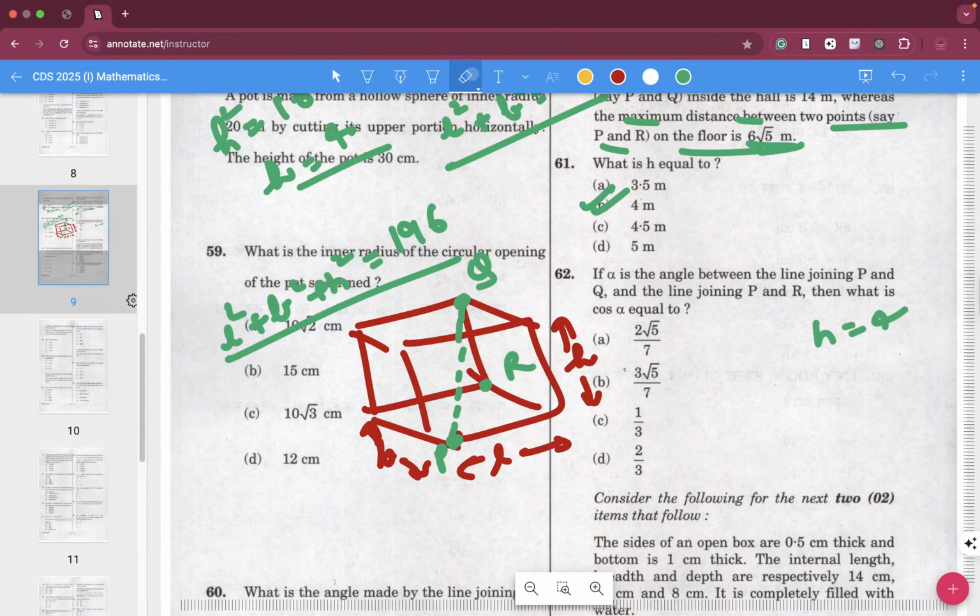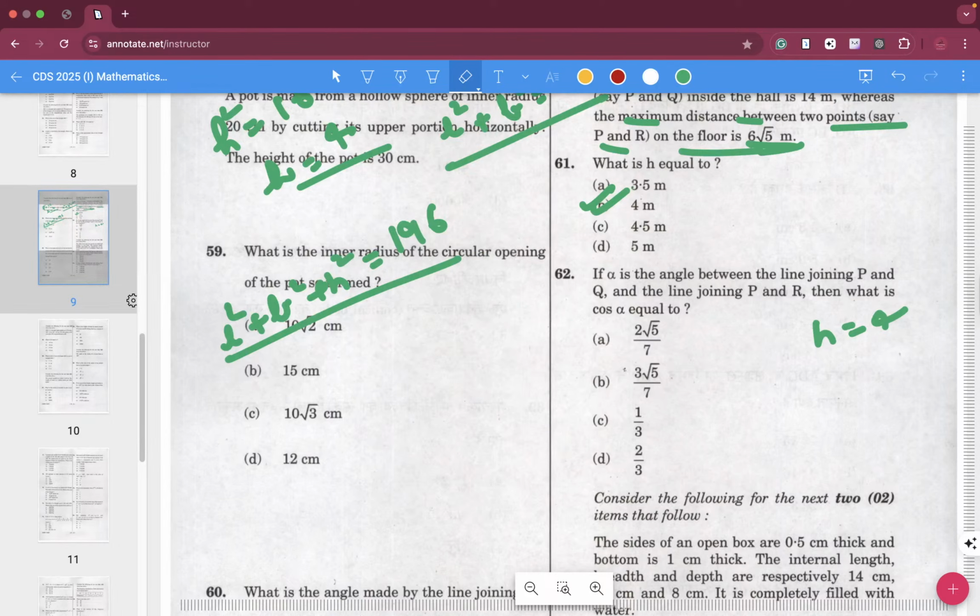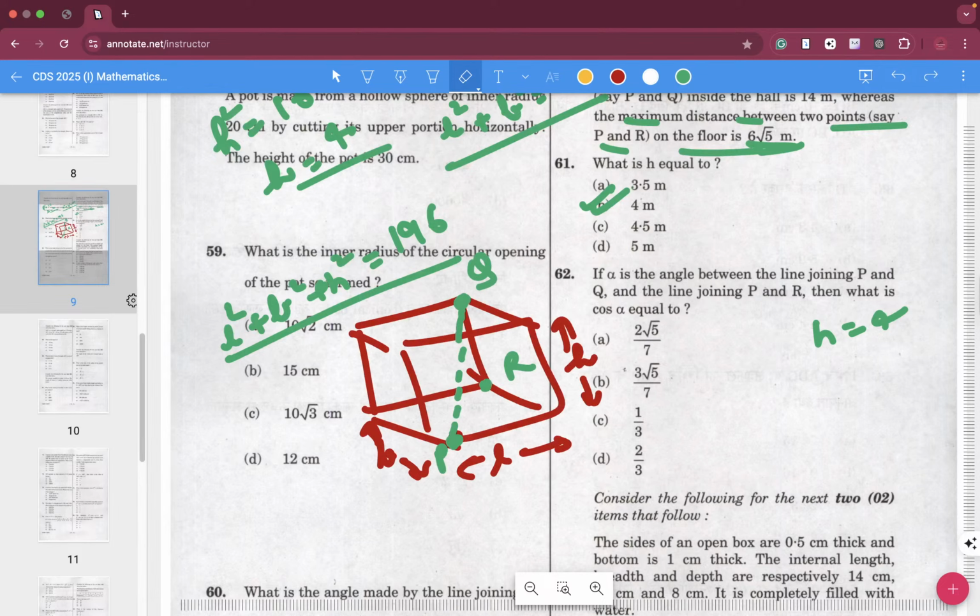Now can we apply this observation in the next question, question number 62? If alpha is the angle between the line joining PQ and the line joining PR, let's just imagine this in 3D.